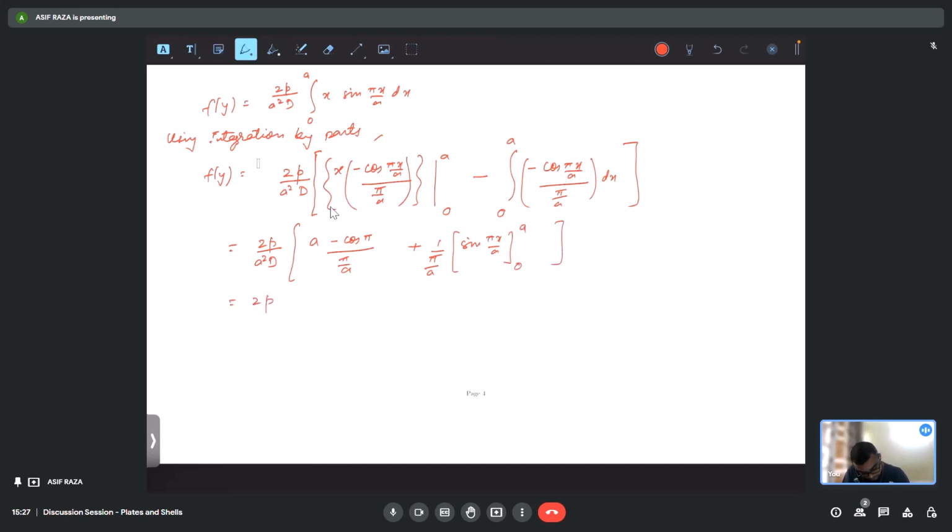So this is equal to p a square d, cos pi is minus 1, so minus minus 1 is 1, so this is a square upon pi, and this would be a by pi, oh sorry, I left this thing out, so this would be a square upon pi square sin pi, and this would be 0.